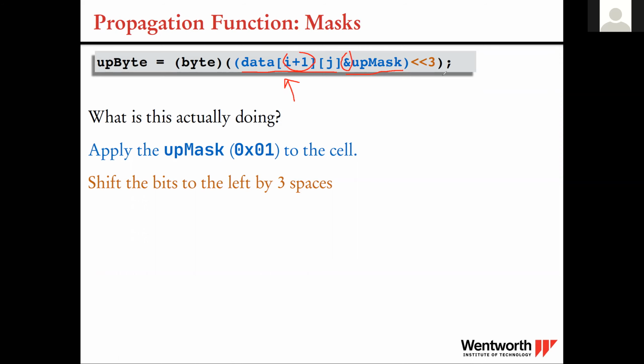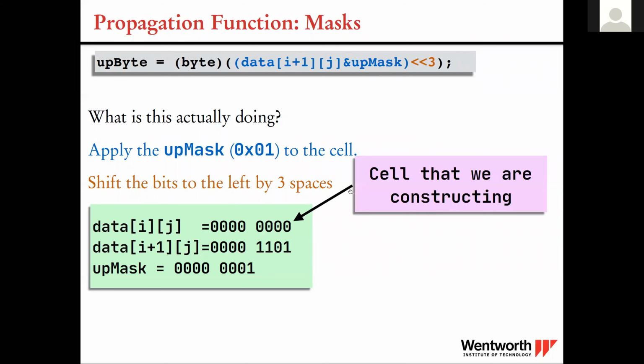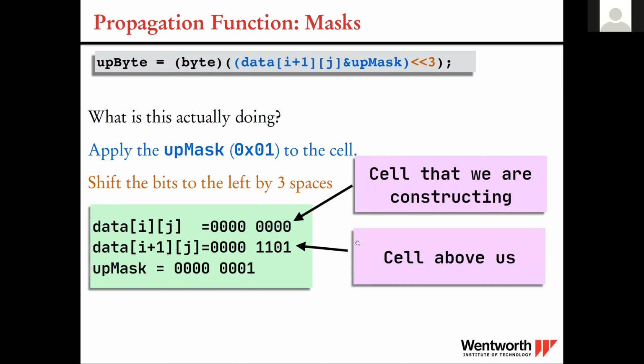Then we do this using a bit shift. Remember what happens after our mask. I do have this all on the slide here. If there was a cell above us that has a D particle, our up mask would be able to get that D particle out. Let's say we have all zeros for the cell we're looking at. This is the cell that's above us, and we have the mask.